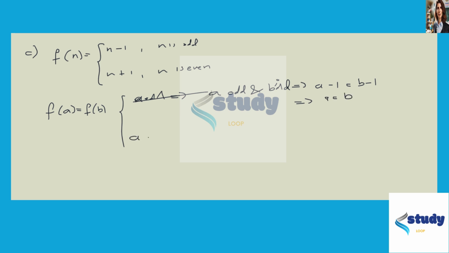When a and b are both even, you have a plus 1 is equal to b plus 1, so therefore a is equal to b.